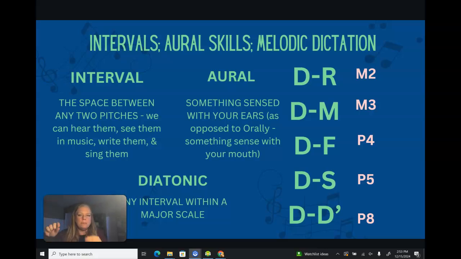So if it has something that looks like an apostrophe, it's higher than the regular do in the first scale. And if it has what looks like a comma after it or a subscript 1, it's lower. Do to high do sounds like the song Somewhere Over the Rainbow.